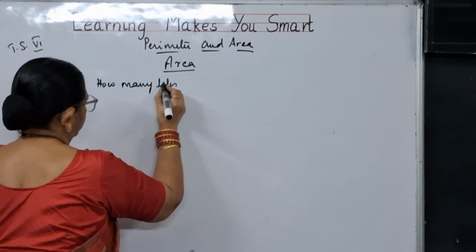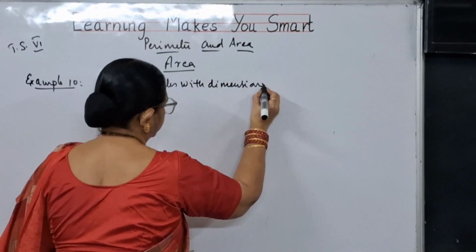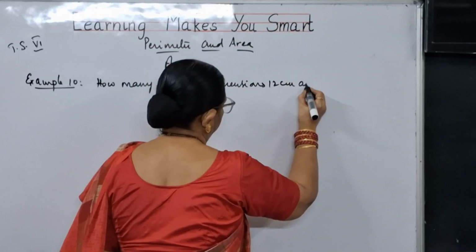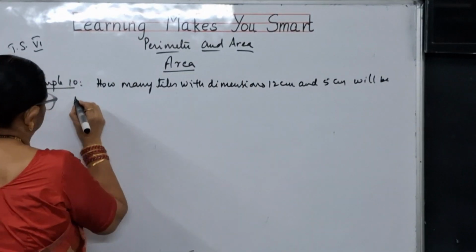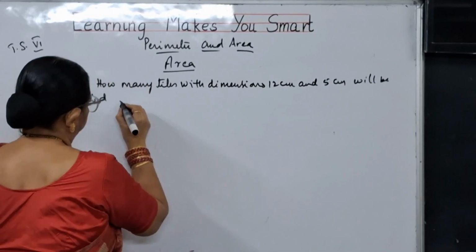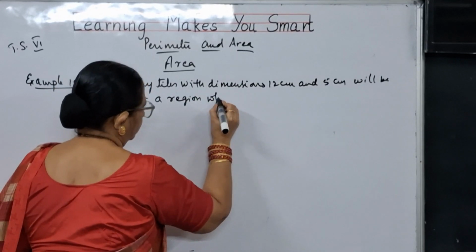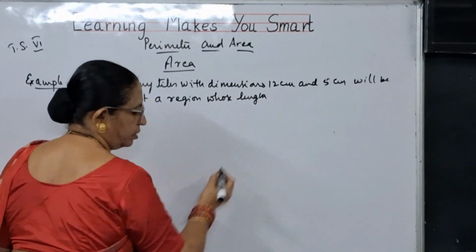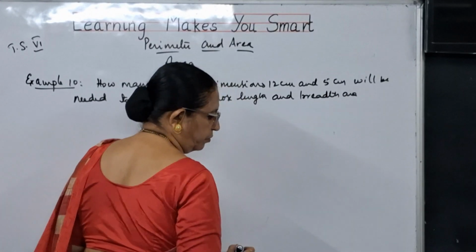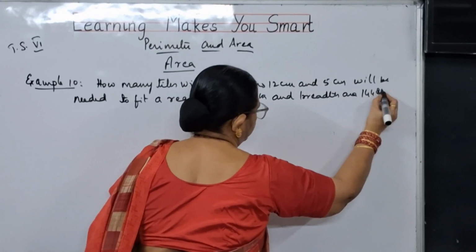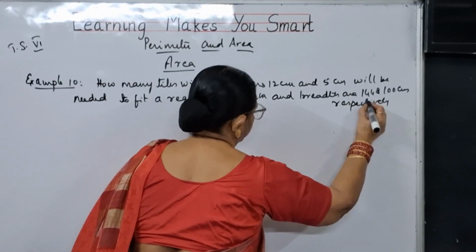How many tiles with the dimensions 12 centimeters and 5 centimeters will be needed to fit a region whose length and breadth are 144 centimeters and 100 centimeters respectively. This is the sum, children.